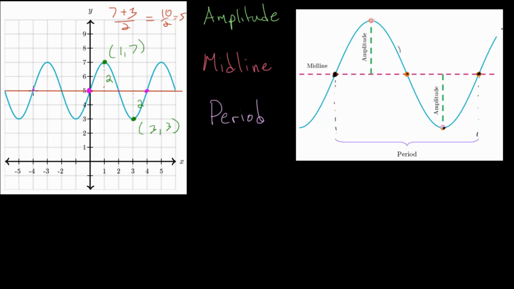So every time that process is completed, we pass through one period. The period starts here and ends here, and we just have to figure out that total horizontal distance it went, which is at 0 when it starts and at 4 when it finishes. So the period for this sinusoidal function would be 4.